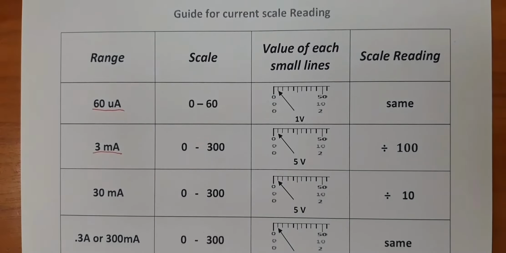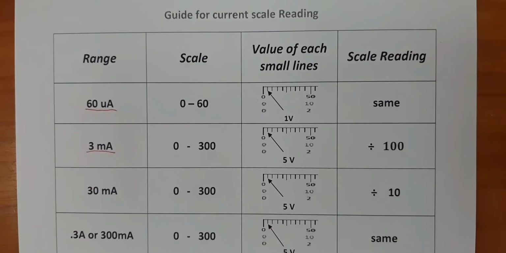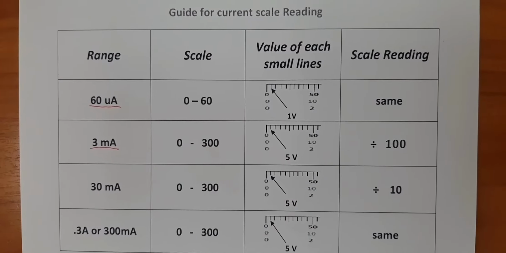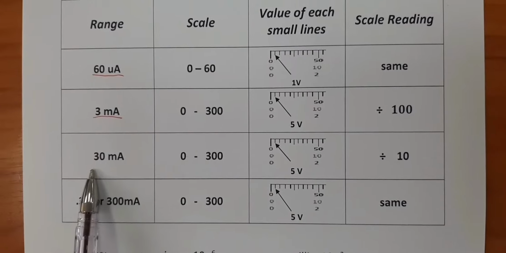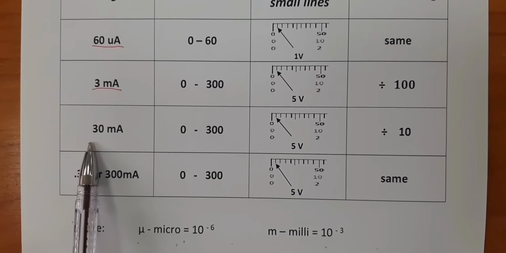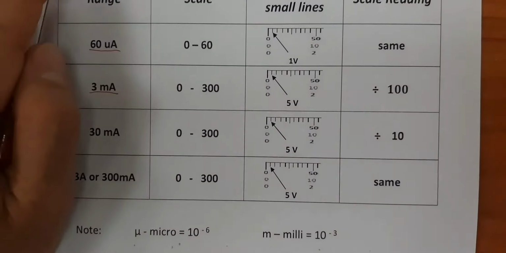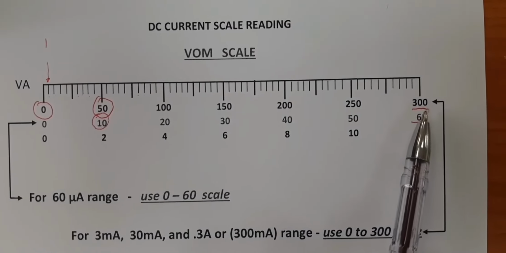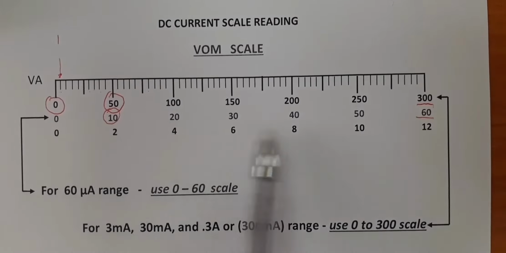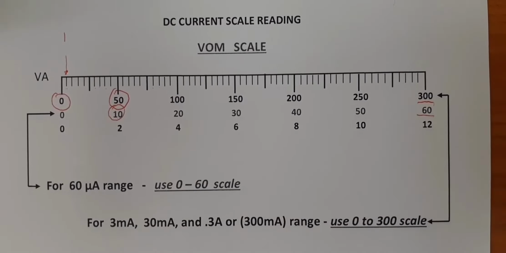In a later discussion, I will show you how to convert these so you can understand. Now, let us proceed to 30 milliampere. In the same manner, we are going to use the scale of 0 to 300, and the counting is by 5.